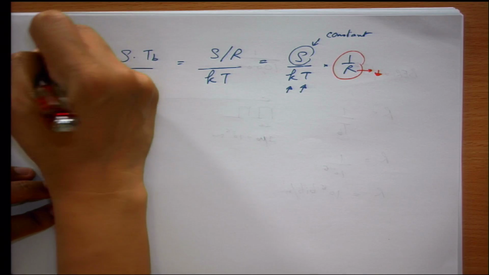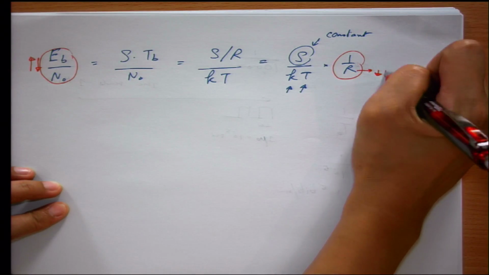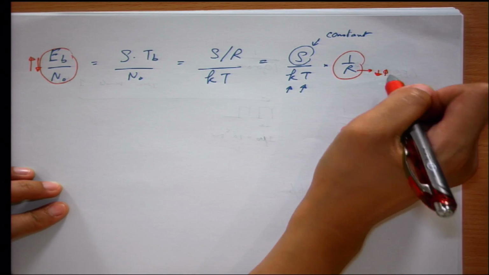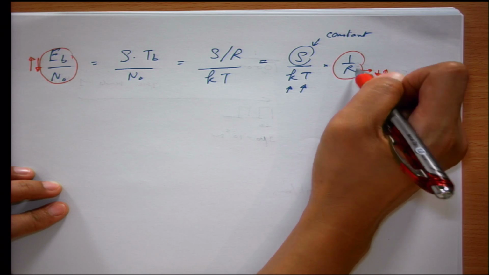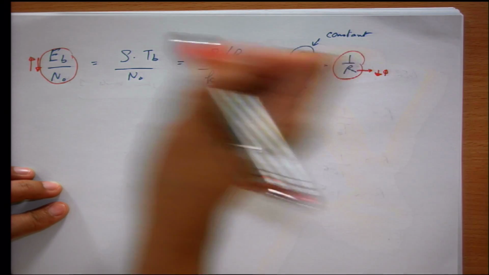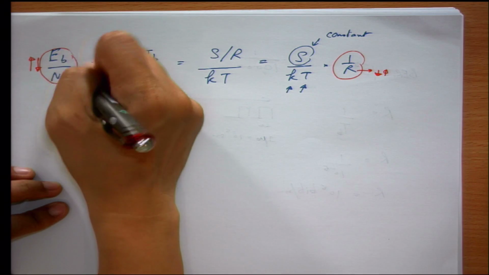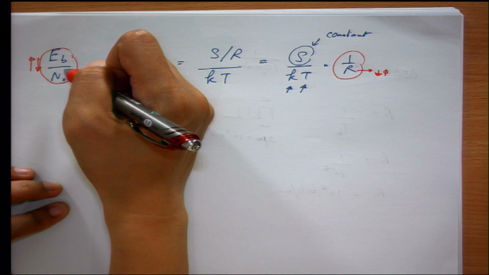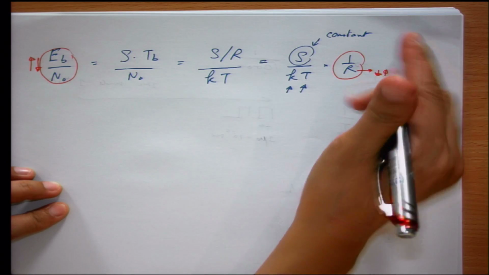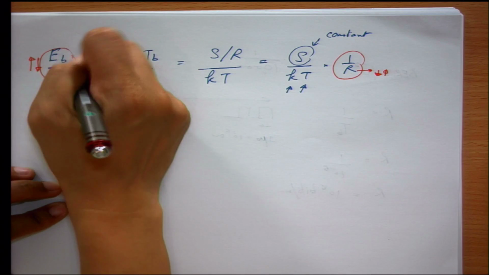But if this goes down, R will go up. Which means that if you have a higher data rate, the signal to noise ratio will decrease. So if you increase the data rate, the signal to noise ratio will decrease.